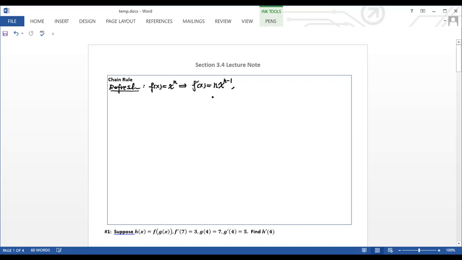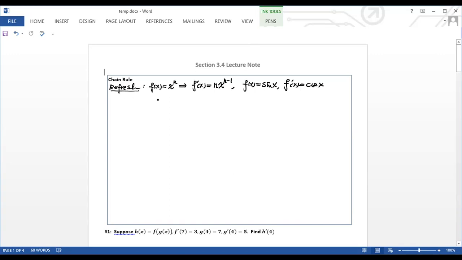And then after that, we introduced the 6 trig functions, correct? For example, if f of x equals sine x, then f prime x equals cosine x.